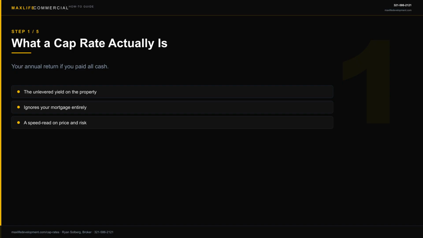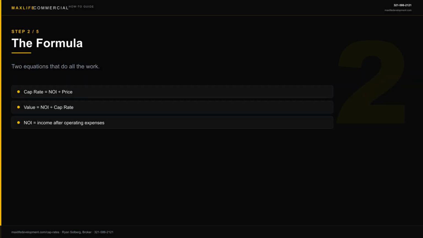Now the formula. And there are really just two. First, cap rate equals net operating income divided by price. NOI is simply your income after operating expenses, but before your loan payment. So a building that nets $100,000 a year and sells for $1.67 million is trading at a 6% cap.